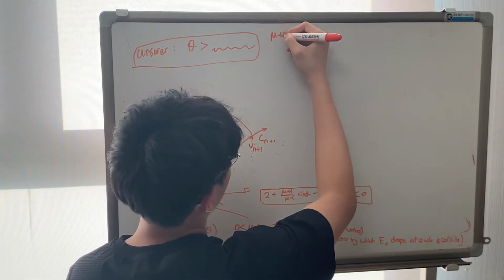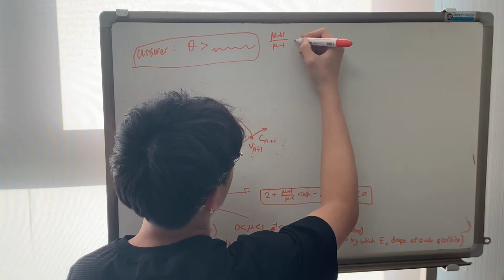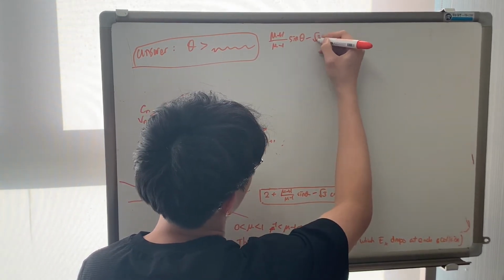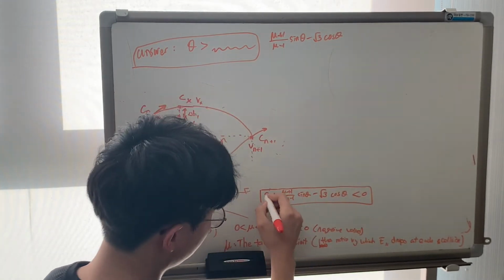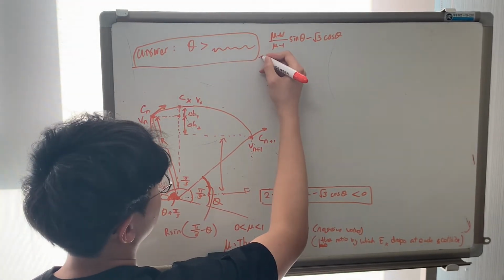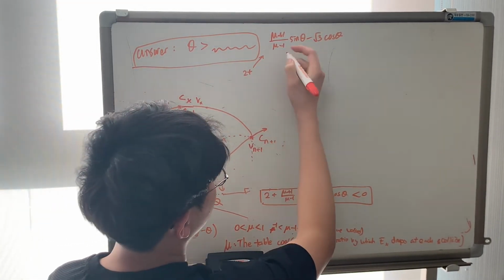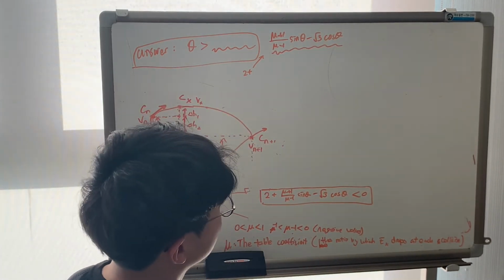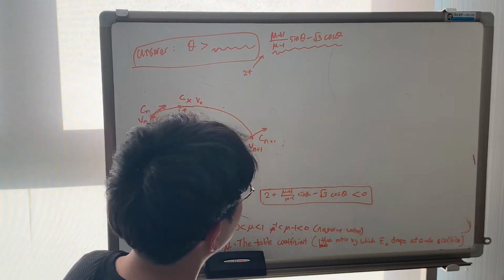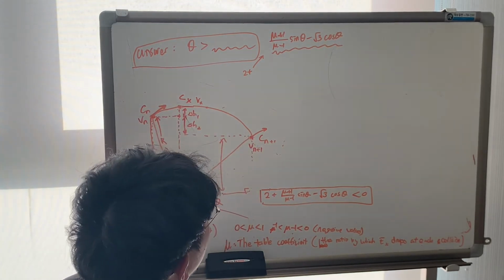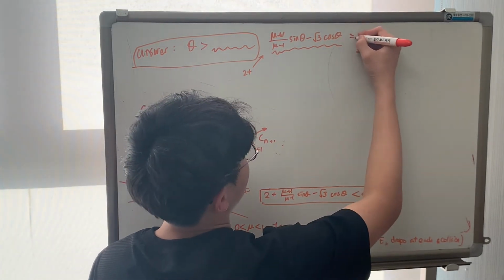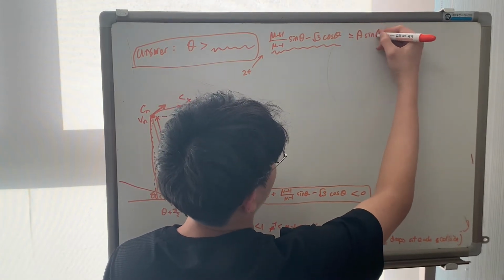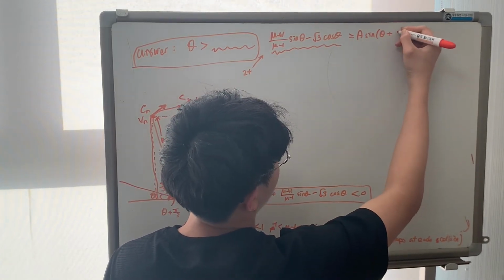Mu plus 1 over mu minus 1 sine of theta minus root 3 cosine of theta. I'm just going to leave the 2 plus, and do this part first. I'm going to simplify this into one sine function, and say that it is equal to A sine of theta plus alpha.